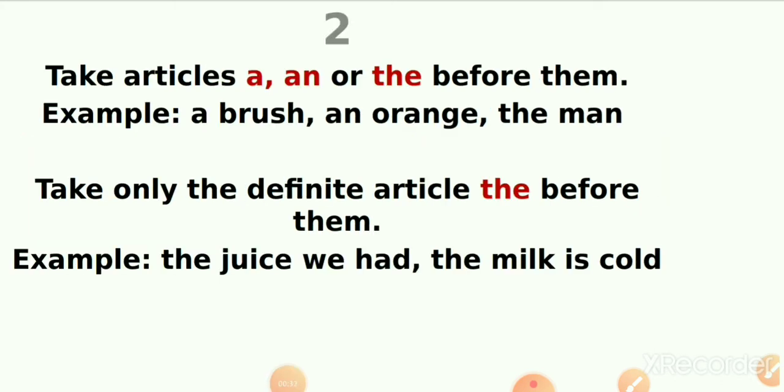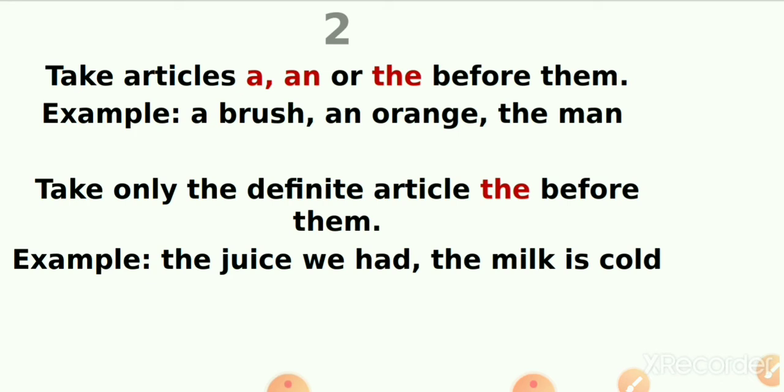Rule two: countable nouns take articles like a, an, or the before them. For example, a brush, an orange, the man.